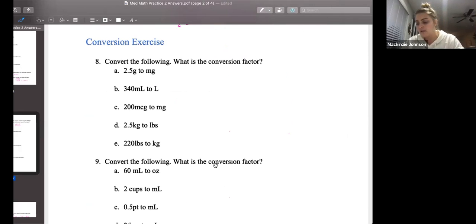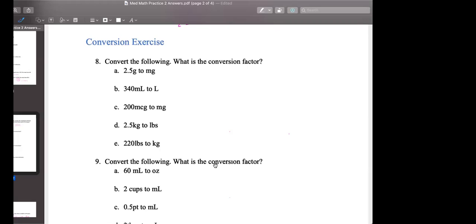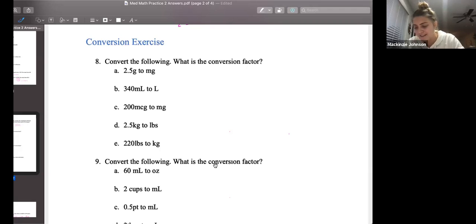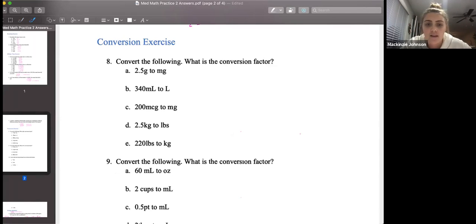One second. I don't know how to get you guys to see my other screen at the same time. Okay, but that's okay. Oh, it's right here. Duh, obviously.